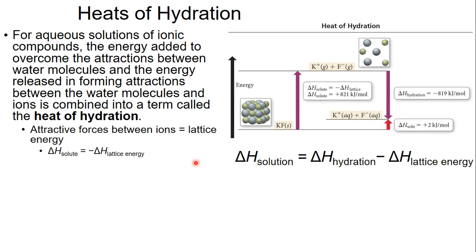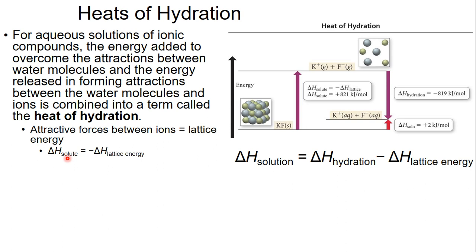Think about it this way. If we have ions that are separated and we put them together, we get some negative energy out. For example, let's say putting sodium and chloride together is negative 20 kilojoules per mole. To break apart those sodium and chloride ions, we have to put that same exact energy in.